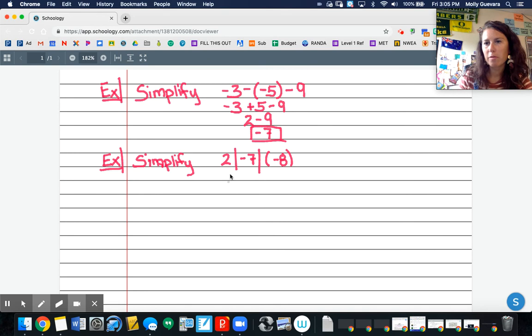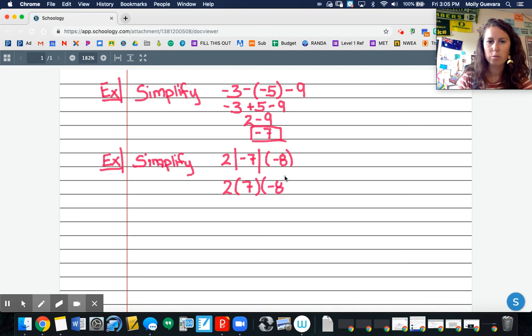So I have to simplify a couple of things here. I have to simplify my absolute value first. So when I do that, I have 2. After you simplify an absolute value, it turns to parentheses. So once you take the absolute value of negative 7, which is positive 7, it just turns to parentheses. And then I have the negative 8 still.